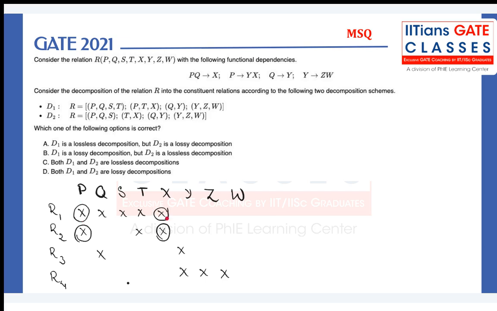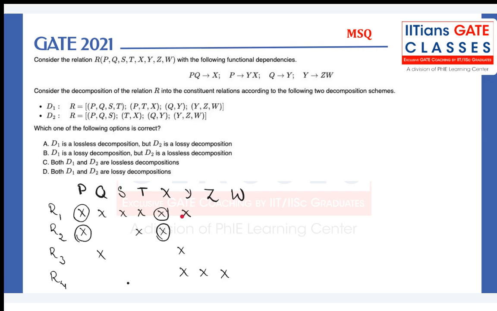I will not mark Y because there is no X here, neither is there an X here. We should make it consistent. Q derives Y. Are there two rows with Q marked? Is Y marked in one of the rows? In R3, Y is marked, so I will mark Y for this as well.